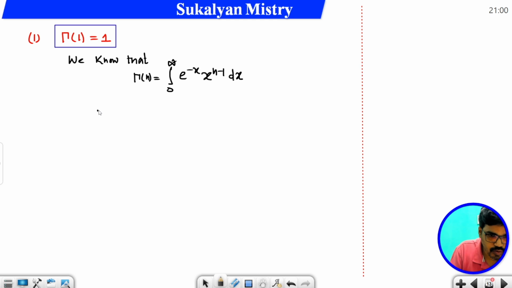Therefore gamma 1 is equal to the integration from 0 to infinity of e to the power minus x times x to the power 0, that is 1, so e to the power minus x dx.